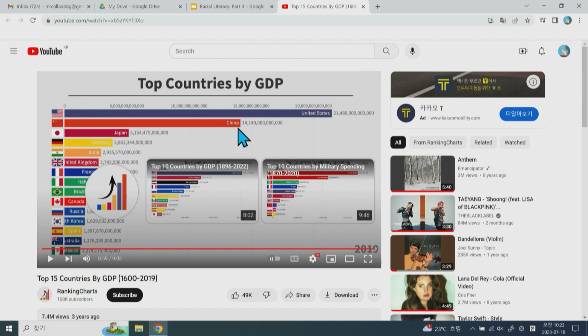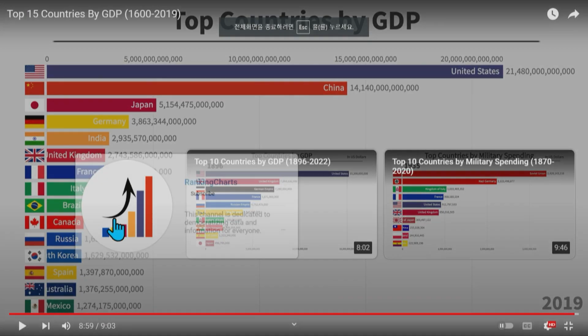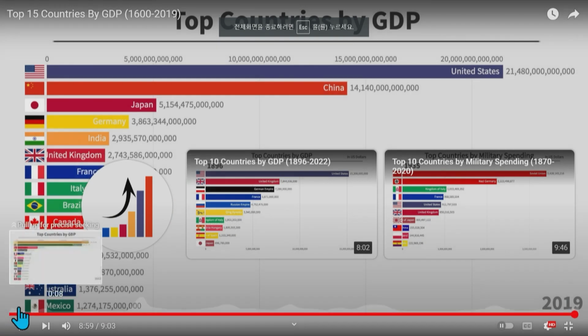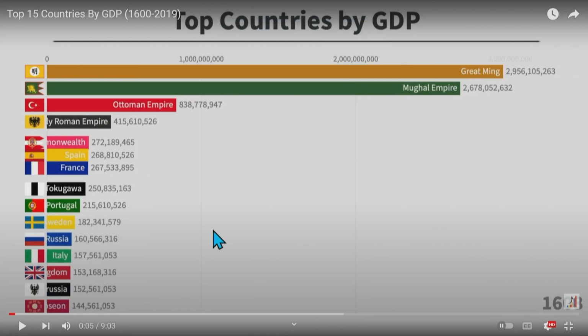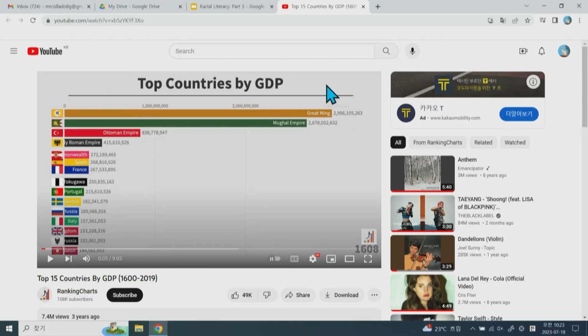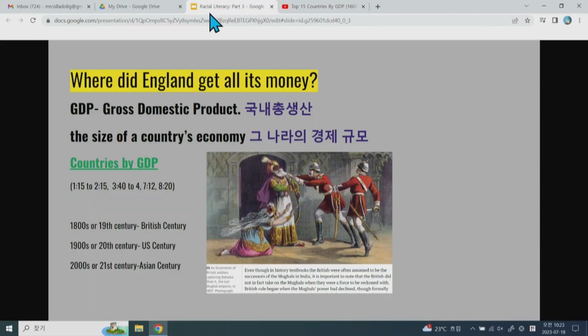Okay, India was once the richest country in the world, right? And then because of England, it became one of the poorest, and only now it is coming back. Okay, same thing with China. So let's go back here.